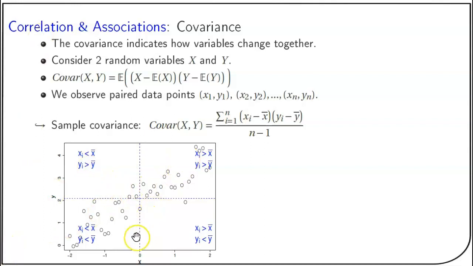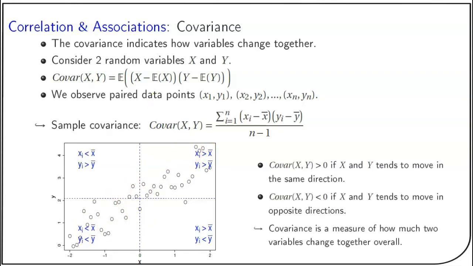And let us note that when most points fall into regions 2 and 3, overall we have an upward pattern, right? So if we summarize what we have discussed regarding this graphic, we would conclude that the covariance of x and y is positive whenever x and y tend to move in the same direction. Notice that having an upward pattern here basically means that x and y tend to move in the same direction.